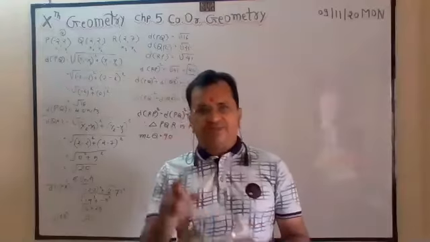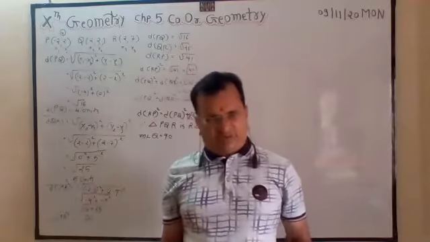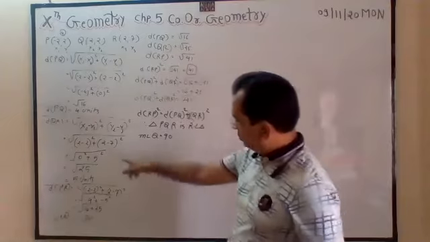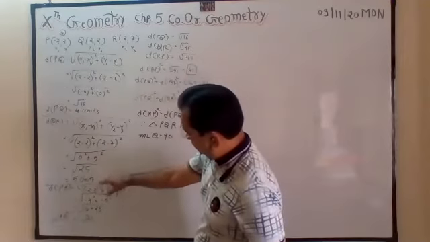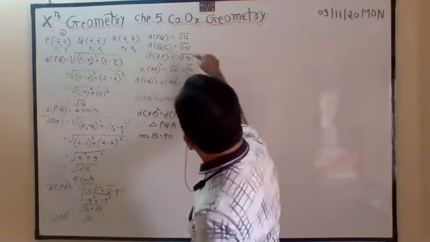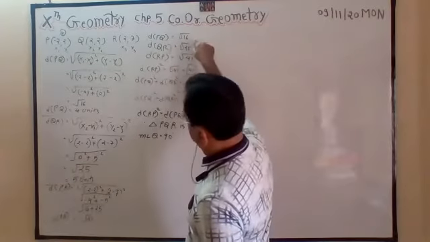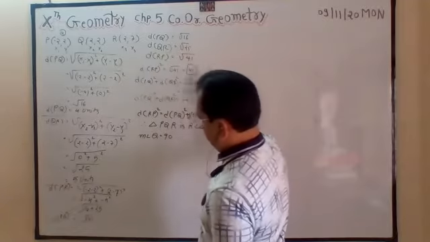You have to find out three sides: A square, B square, C square. If C square is equal to A square plus B square, PQ is this, QR is this, RP is this.